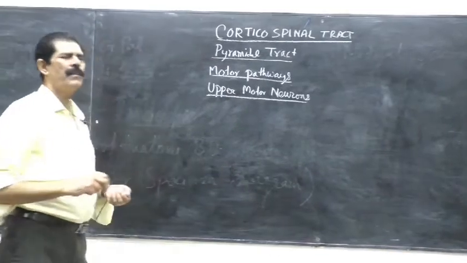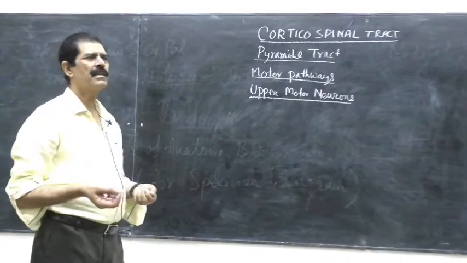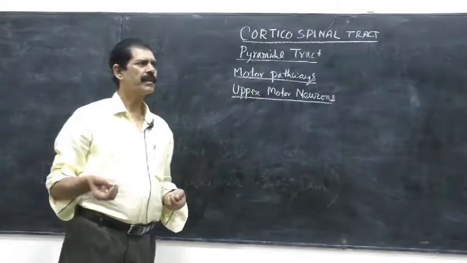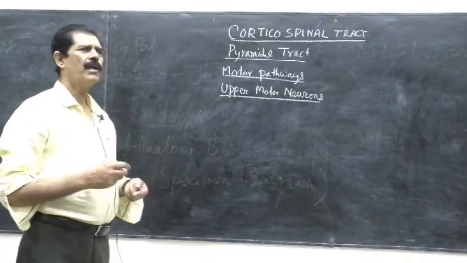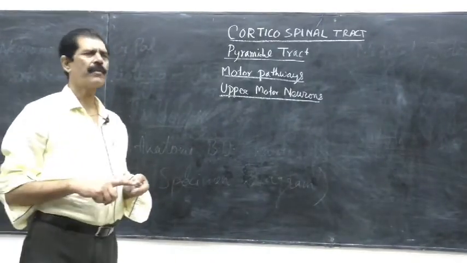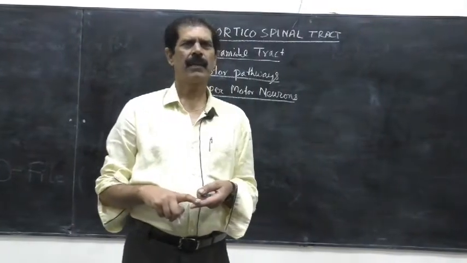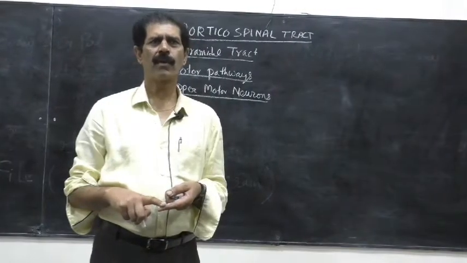So a question can be asked in any of these four parts, the meaning is the same, that we have to describe the corticospinal pathways. As the name suggests, corticospinal means it starts from the cortex. Cortex means the gray matter, and they come to the spinal cord.